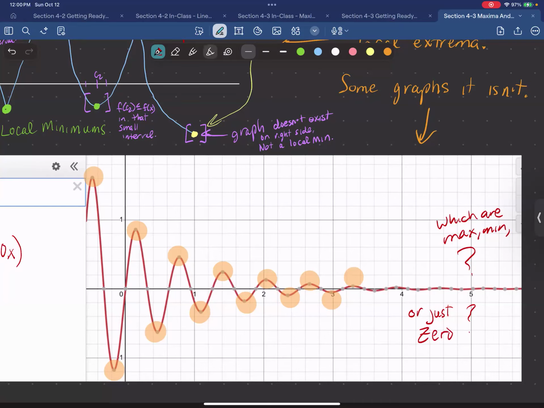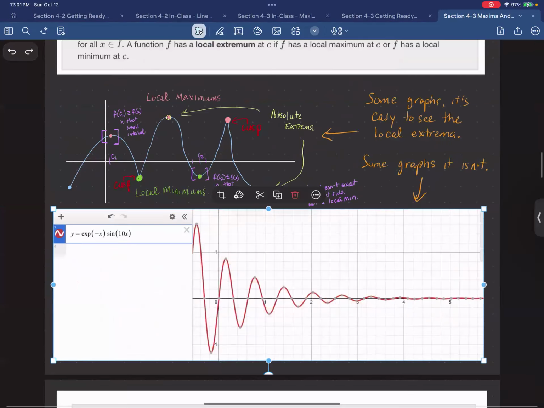Because this graph shows zeros right here. We've got our zeros, those are all the green ones. But it's kind of hard to tell which one's which when we get over here. So we have a way of addressing that.